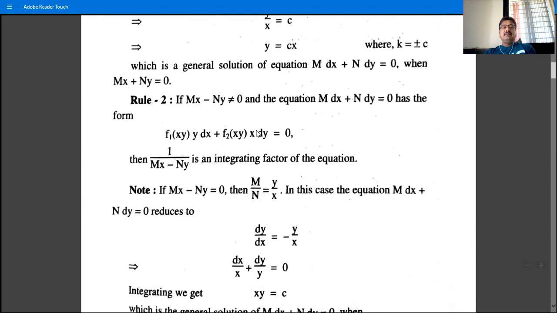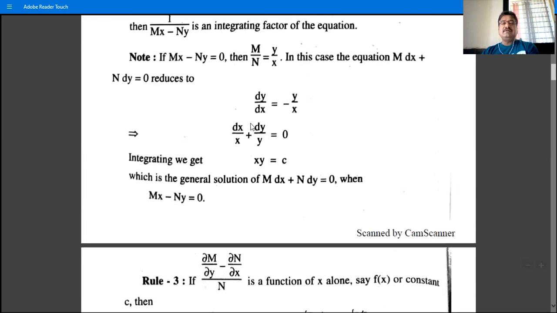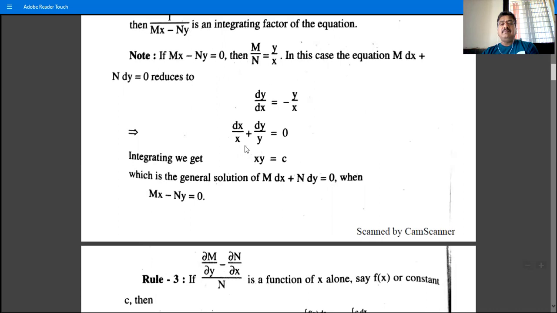So this is the example on rule number 2. That is, if the given differential equation M dx plus N dy has the form f1(xy) y dx plus f2(xy) x dy is equal to 0, then 1 by (Mx minus Ny) is an integrating factor, provided Mx minus Ny is not equal to 0. If it is equal to 0, then we have the answer xy is equal to constant.